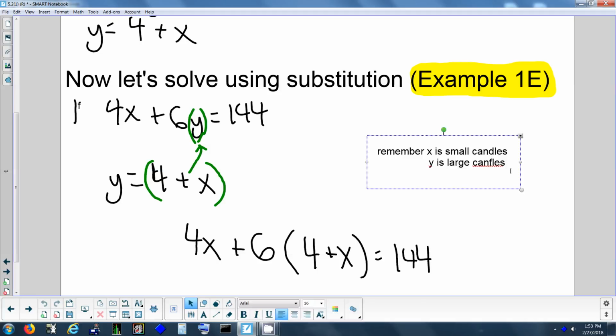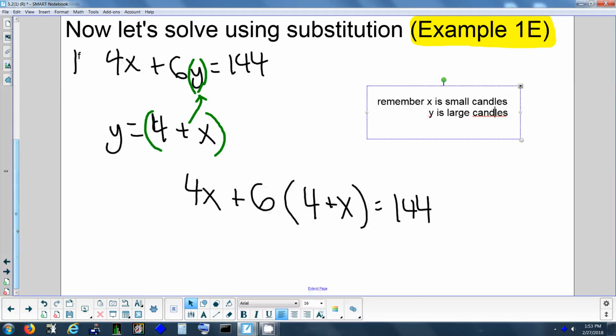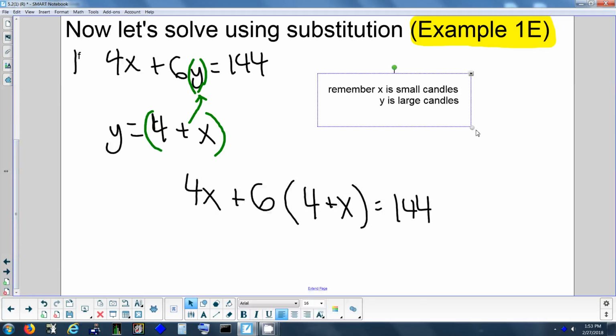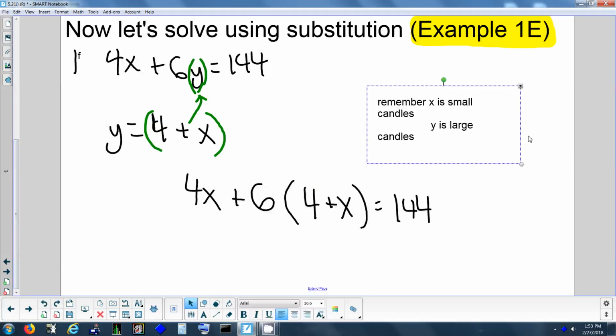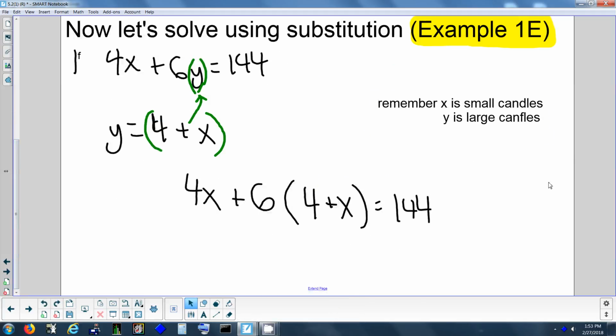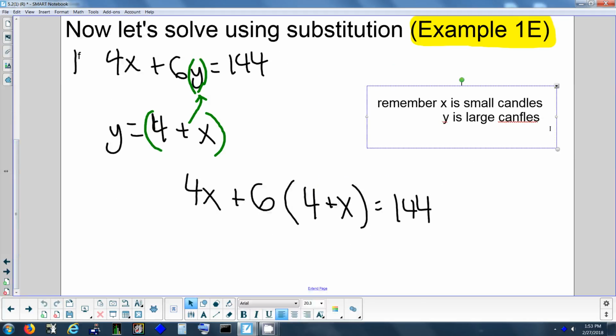Okay. Good? So now I'm into the part where I have to solve, right? So someone, how about Sydney? What do I have to do first in this part? If I was going to solve this equation, what would I do first?